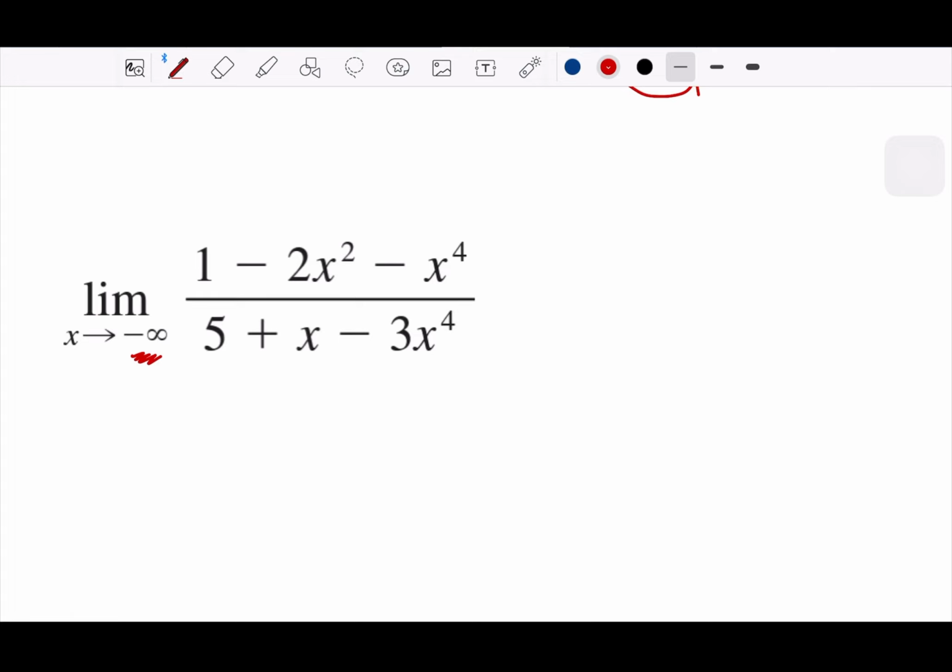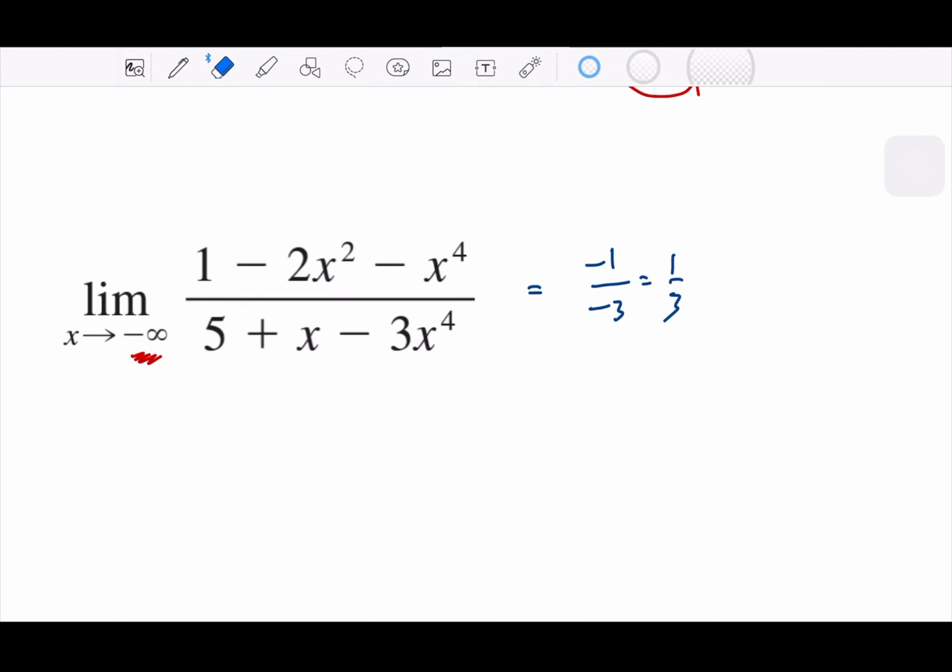The first clue is to see if it is a polynomial, we need to see the degree. The highest degree for both the numerator and the denominator is 4. Okay, so basically, the shortcut, if you want to solve this, is that this is going to be 1 over 3.